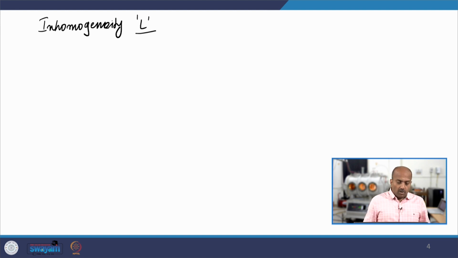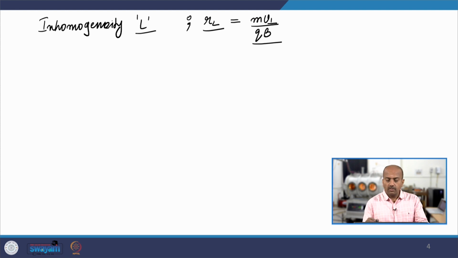We will make one more assumption. Let us say RL is the radius of gyration of a particle in a magnetic field. We can define RL to be m v perpendicular by qB. In order to match these two things, we will say that RL, the length scale over which one particle gyrates, will be much less than the capital L, the length of inhomogeneity.